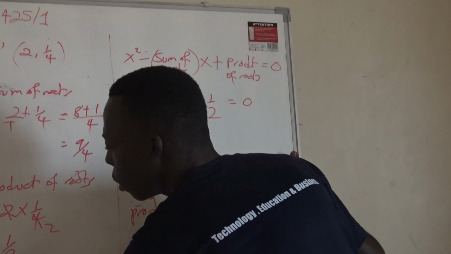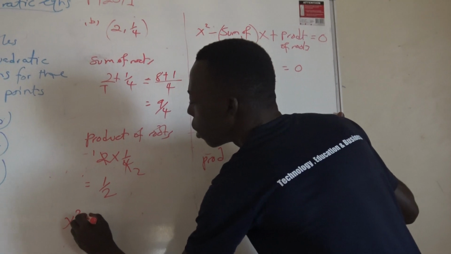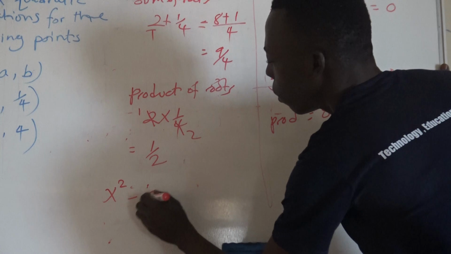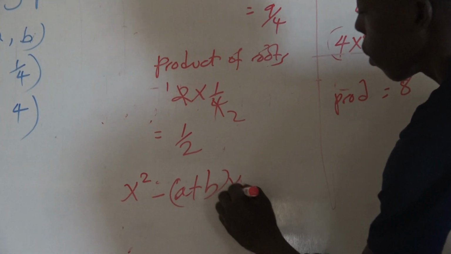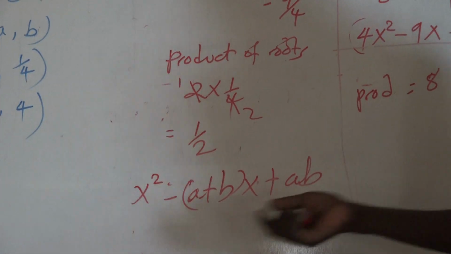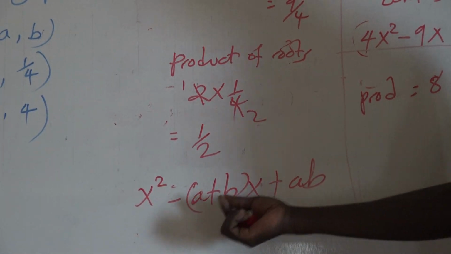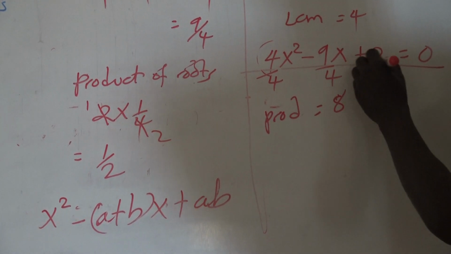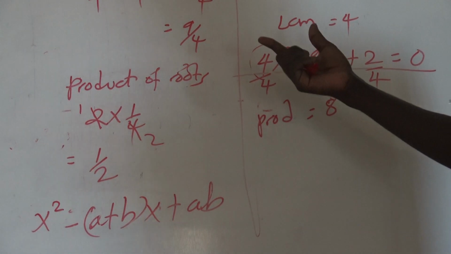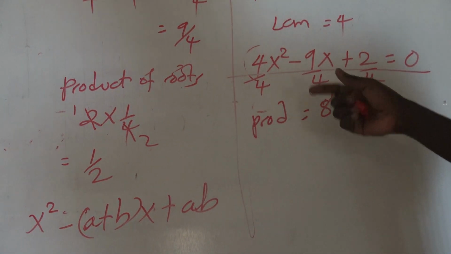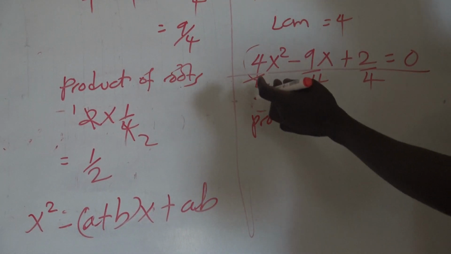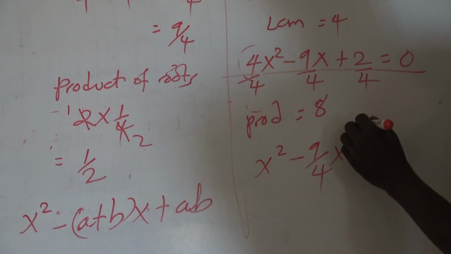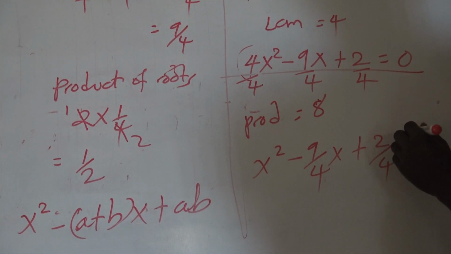We said that it is x squared plus minus b, which is a plus b, x, then plus ab. So here it must have a coefficient of 1 so that you can get the sum and the product. So you divide by 4 so that here it becomes 1. Now it will be x squared minus 9 out of 4x, then plus 2 out of 4, which is equal to 0.